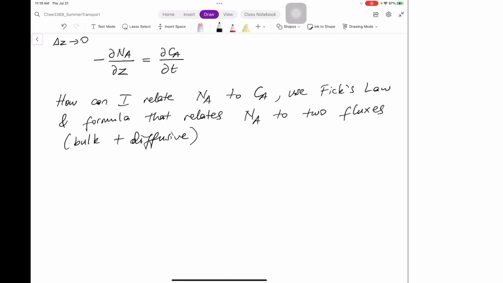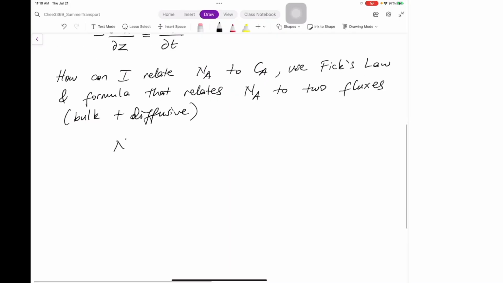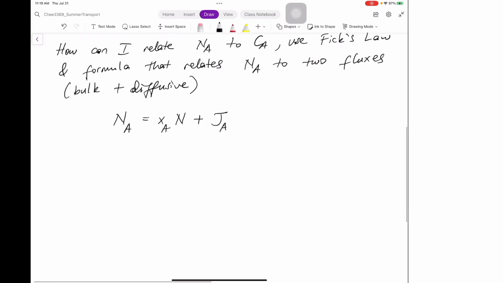And the diffusive flux term is going to be the Fick's law, right? As you remember, Na is equal to the bulk component, Xa times N, plus Ja, right? And the Ja from Fick's law is minus DAB dCA, or maybe let's use the partial derivative, del Ca over del Z. Okay.